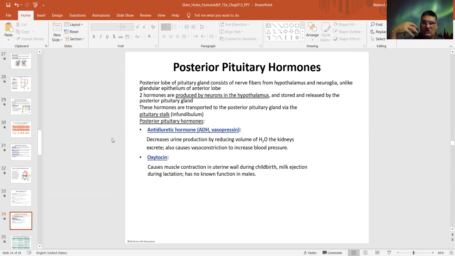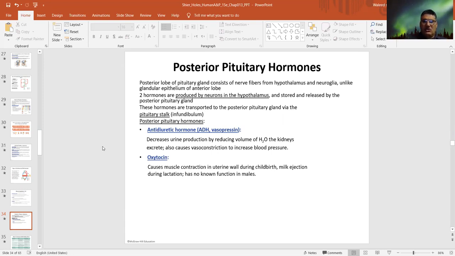Simply because when the blood goes to the kidney, the water part goes in the kidney, but we don't lose it in the urine because ADH will make the kidney take it back. We call that reabsorption of water. When you take the water back, you're making less urine. So it's anti-diuretic. Diuretic, a lot of urine; it's against that. They could have called it something easier, but this is what they used to call it.